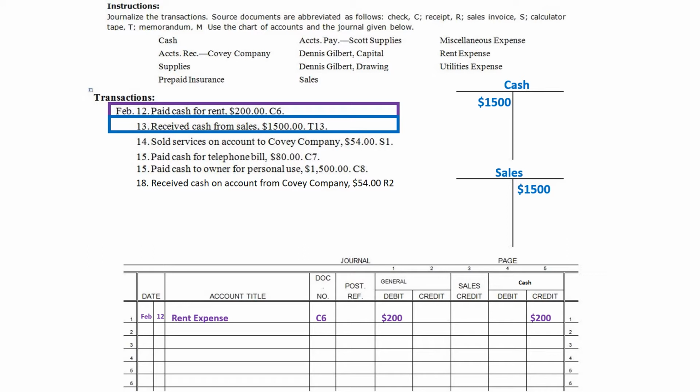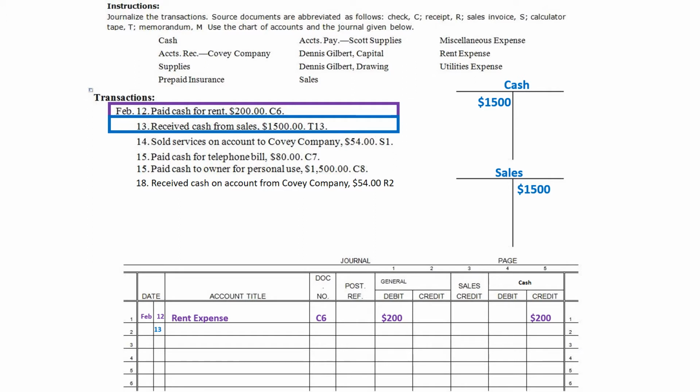Get into that habit. So if we take a look at this, we move left to right in the transaction. We go 13. Again, I don't need to write out Feb because I did it in the previous transaction, and it's not the first one on the journal page, nor is it the first one of the month. My account title. Now this is a unique one. I am going to be using 2 special amount columns, right? I'm going to be using my sales credit column and my cash debit column.